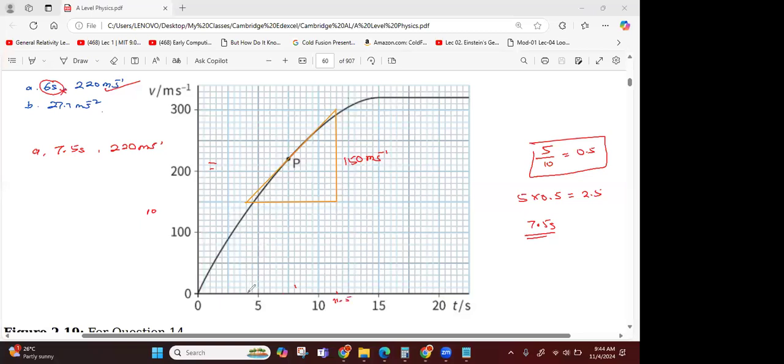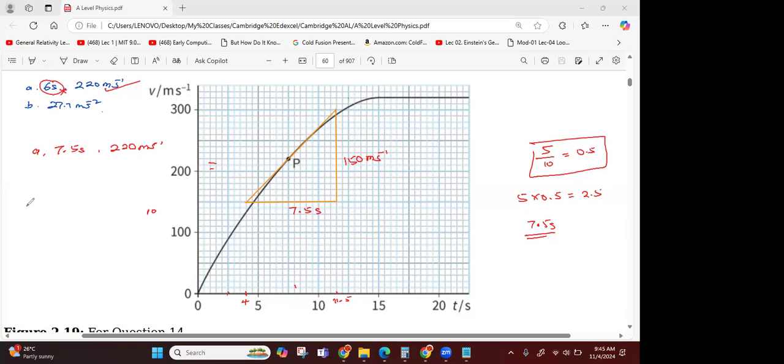And here the value is 4. So 11.5 minus 4 will be 7.5 seconds.